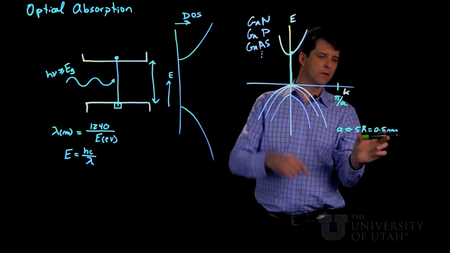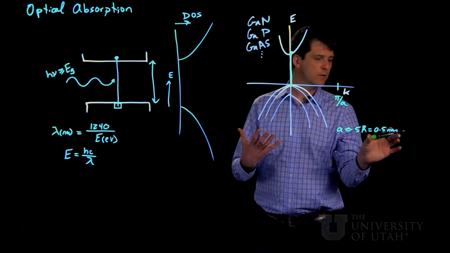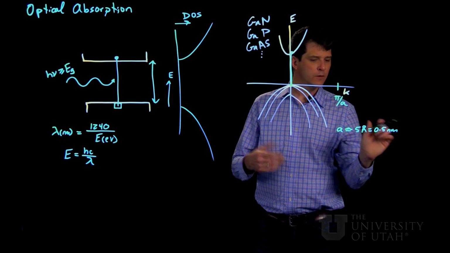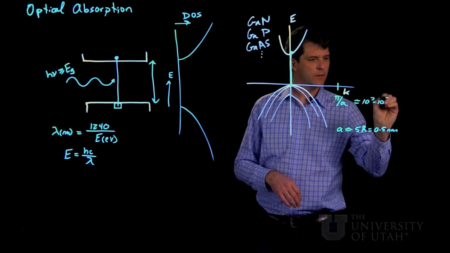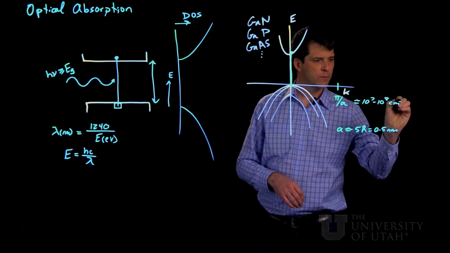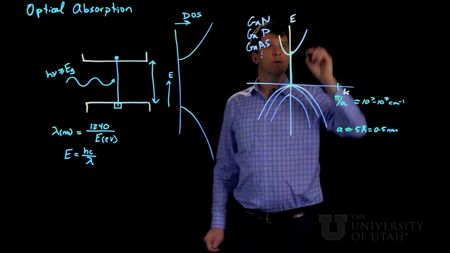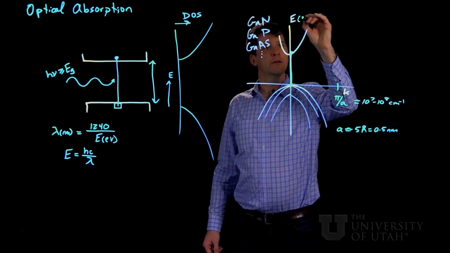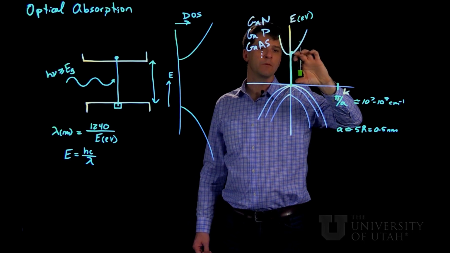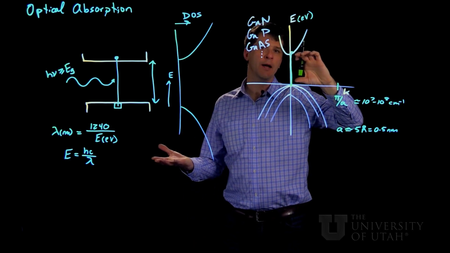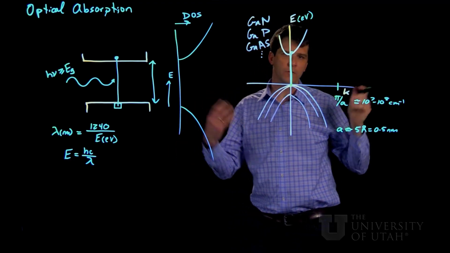So this number, because nanometers are 10 to the minus 7 centimeters, is going to be of order 10 to the 7 to 10 to the 8th centimeters minus 1. And then the energy scale here, most semiconductors have a band gap of between, let's say, about a half an electron volt and 3 or 5 electron volts. So it's a few electron volts.